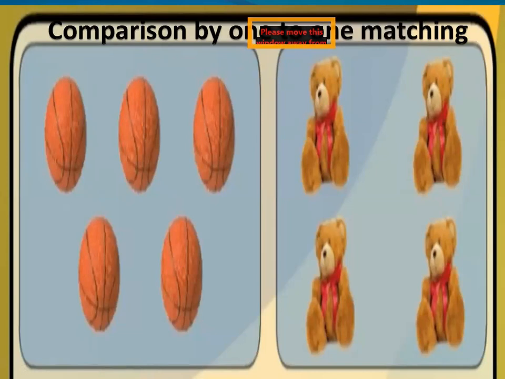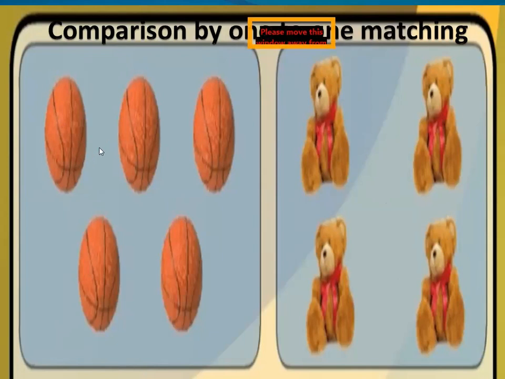There are 4 bears. When we match, when we give a ball to each bear, each bear receives one ball.